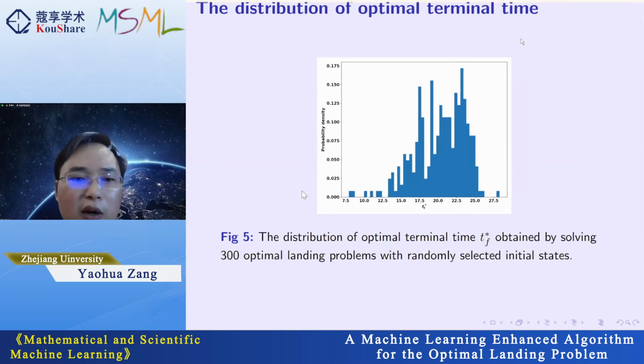So we draw the distribution of the optimal landing times TF star obtained by solving 300 optimal landing problems with randomly selected initial states. In figure 5, we can see that TF star is distributed over a wide range, which indicates that a good choice of TF star also plays an important role in solving the free terminal time problem.